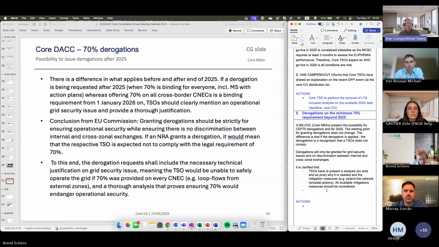I can only speak for our case, which I know very well. In Belgium, we indeed have a derogation. We explain the reasons for operational security. It's linked to what Javier also explained with the coordinated redispatch across borders, methodologies that are not yet implemented, and the way the cost sharing is being settled around that. So keeping that perspective in mind is a good way to look at the justification for the derogations.